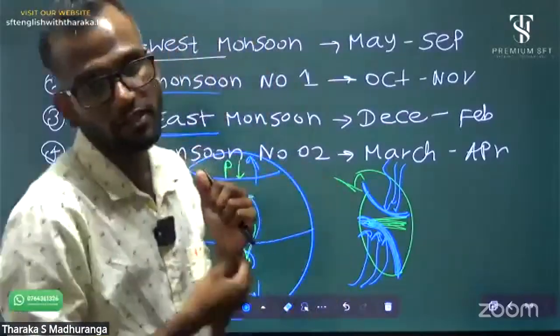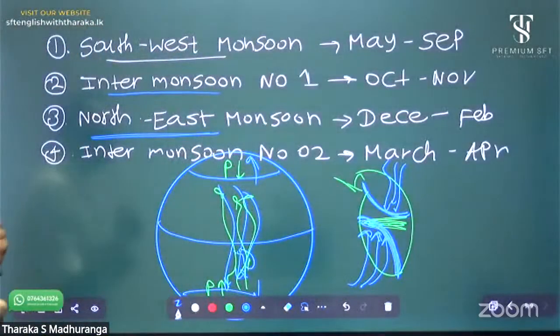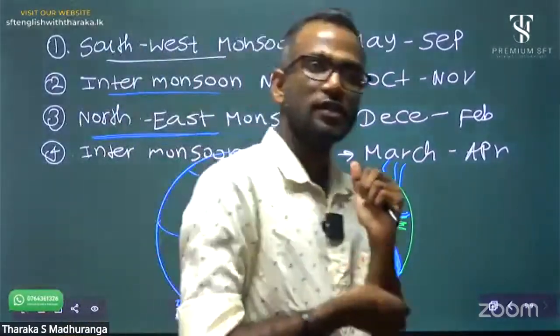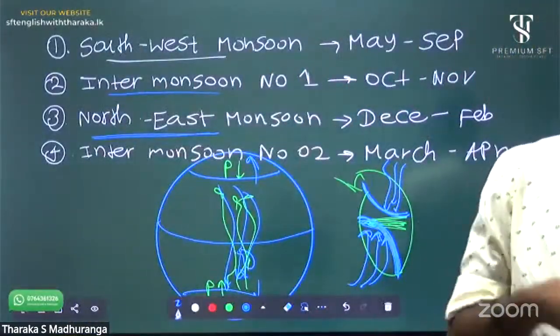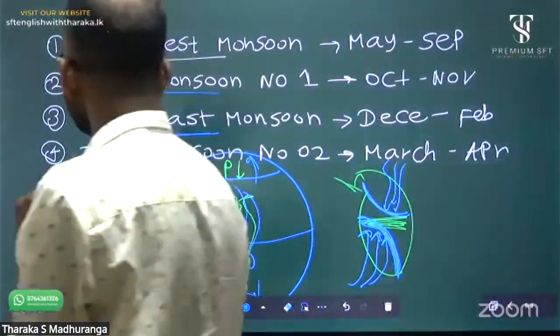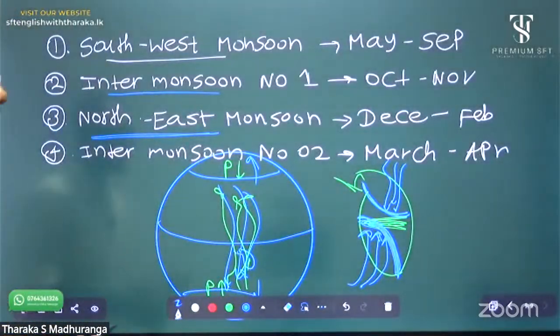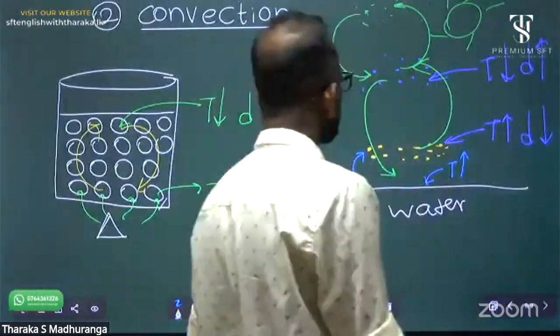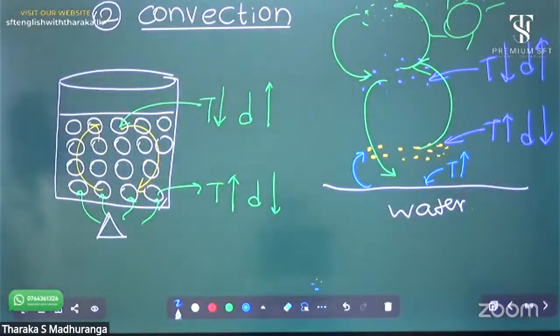Right? That's convection rain. In the normal inter-monsoon time, the rain is convection rain. The other rain type is monsoon rain. Okay, that's convection. Any doubt?